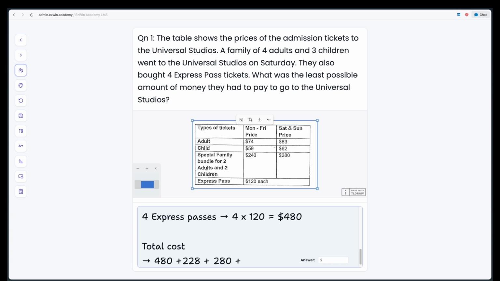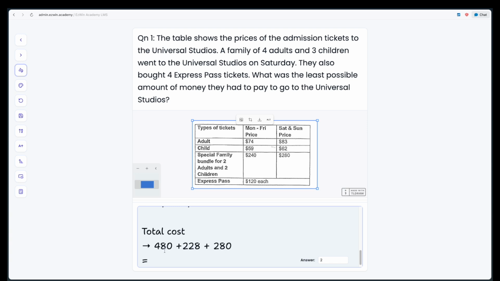Okay, so total cost, and from here we can calculate. So 480, 280, 760. So 760 plus 228. This will give us 988. So $988. Okay, so the answer is $988. All right, let's move on to the next question.